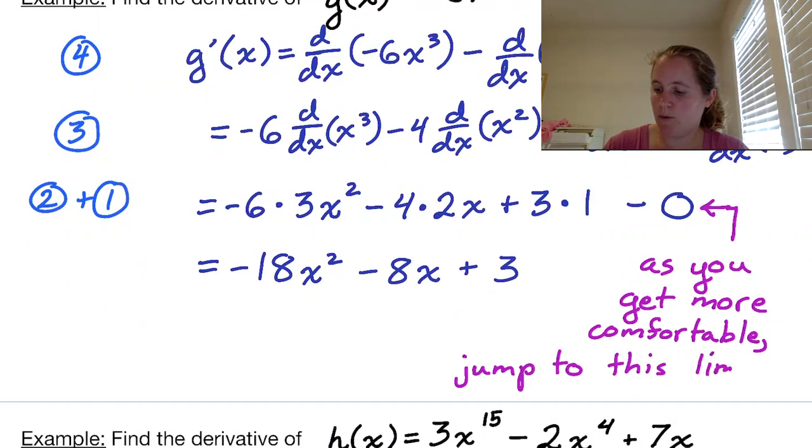And then some of you will probably just jump straight to the end. I just recommend at least showing the intermediary line so that I can see you have the work, that you know what you were supposed to be doing in case you make a mistake with your multiplication.